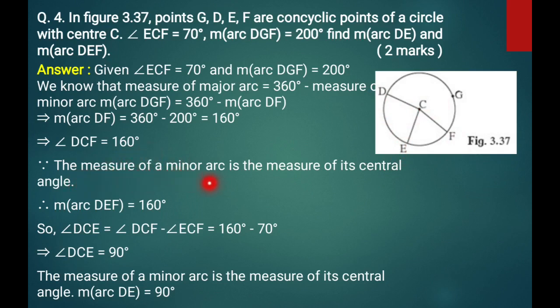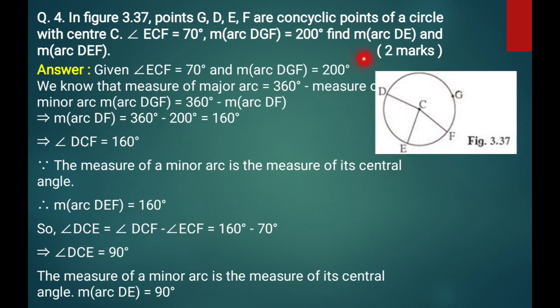Since the measure of a minor arc is the measure of its central angle, by the central angle property we know that the central angle and the measure of the arc are the same. So the measure of arc DEF equals 160 degrees. So angle DCE equals angle DCF minus angle ECF.